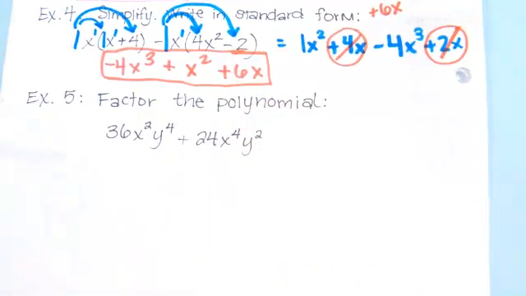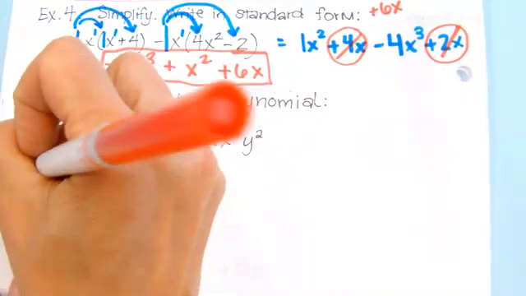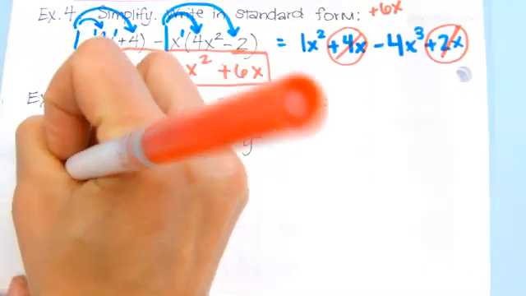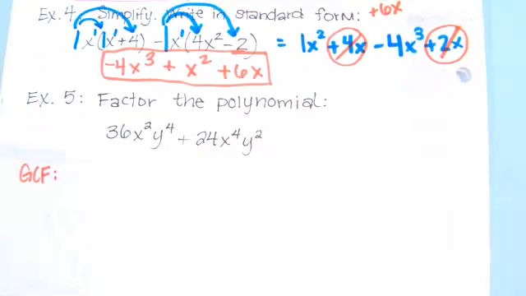All right, factor the polynomials. What we didn't see is more than one variable. So factor still means find the GCF and put the parentheses back in. So the GCF now, the number: what's the greatest common factor of 36 and 24? Well, it's 6.